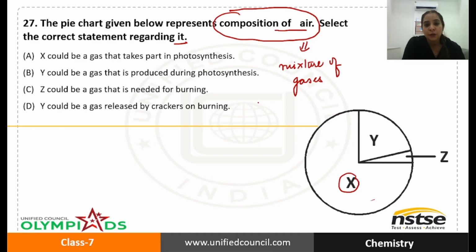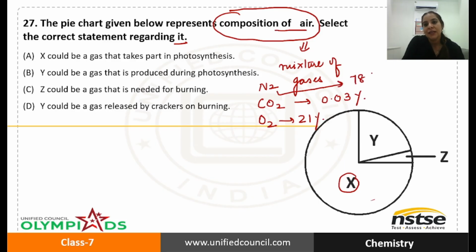If I talk about the main gases, that is carbon dioxide, nitrogen and oxygen. The carbon dioxide percentage in air is just 0.03%. Oxygen is 21% and nitrogen is 78%.